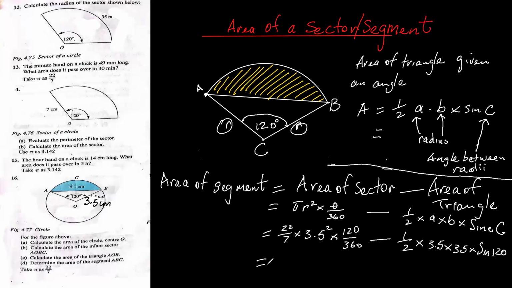Anybody got anything? What you got for the area of the sector? Oh, okay. Right. So 12.83 is correct. I didn't realize you were putting it in the chat already.